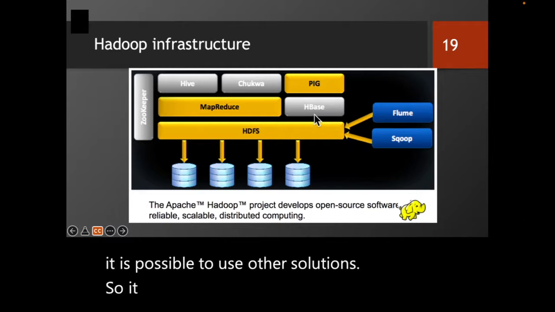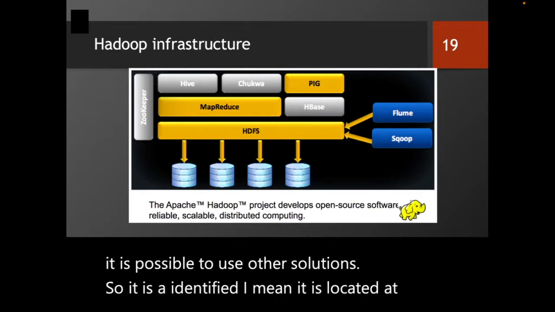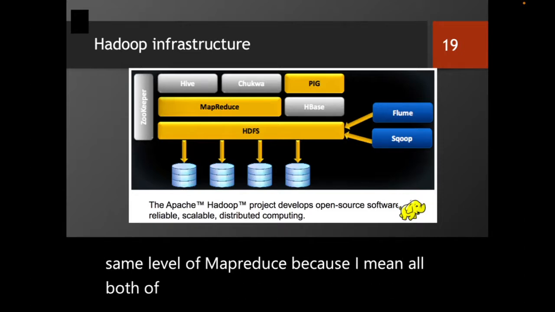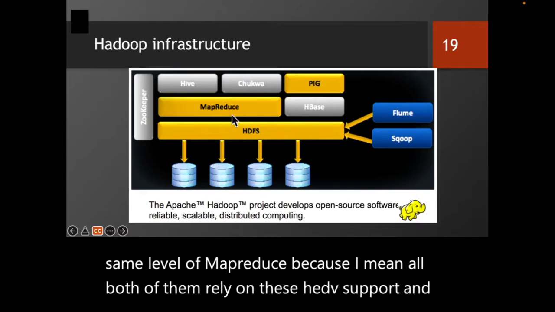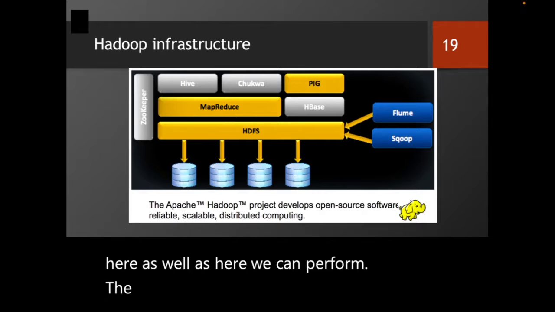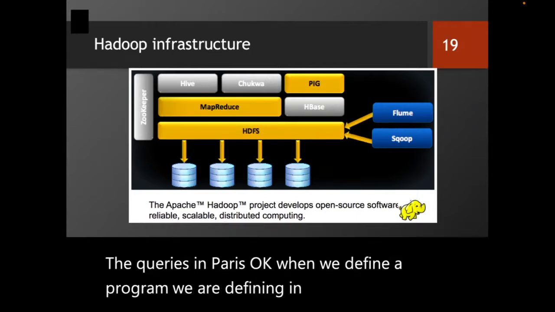So it is located at the same level of MapReduce because both of them rely on this HDFS support. And here, as well as here, we can perform queries in parallel. When we define a program, we are defining, in fact, a query.